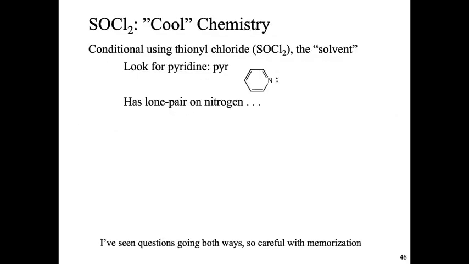Okay? Pyridine is that benzene-looking structure with a nitrogen. It has that lone pair of electrons on nitrogen, which means that lone pair can act as a nucleophile. Was there, say, a strongly electrophilic structure in that solution?